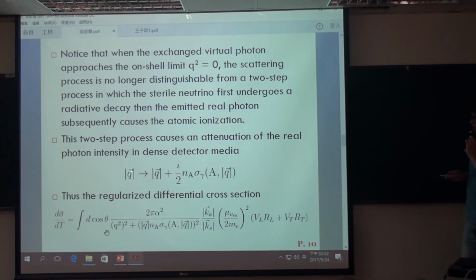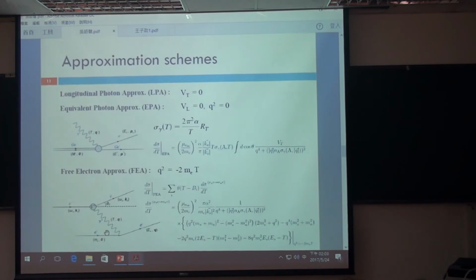So we have changed the momentum of the photon with this additional term, which is depicted by the number density of your detector and how strongly your detector media interacts with the photon. Once we make a correction on this real photon, we have a regularized differential cross section here, and this can be used to do some calculations.